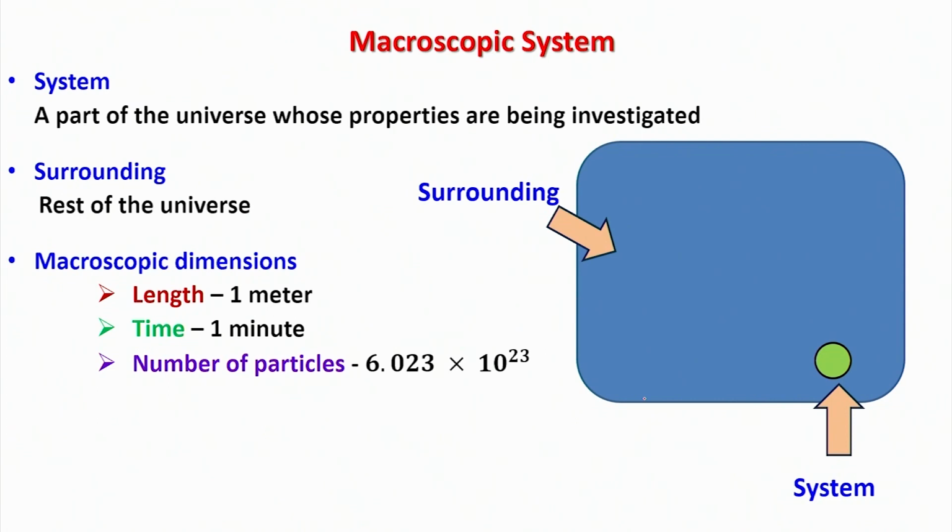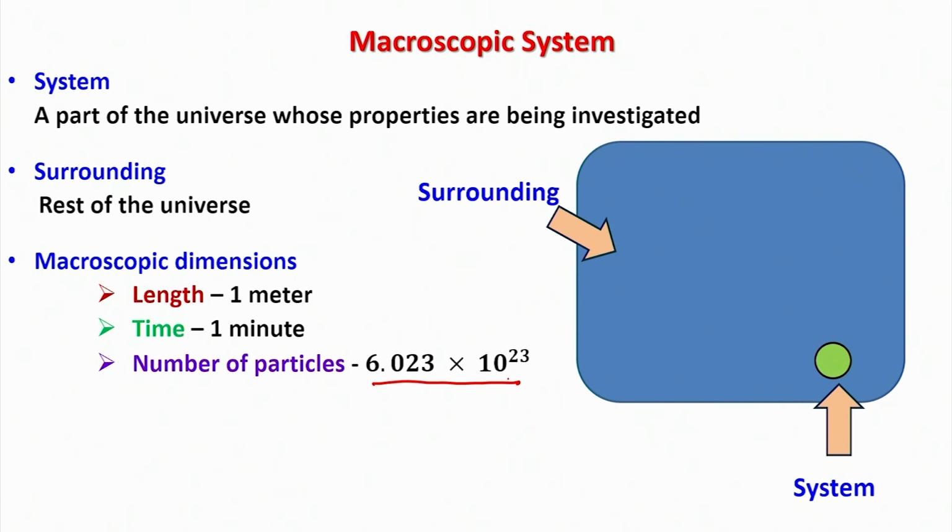typically the Avogadro number, which is 6.023 into 10 to the power 23. Now, as you understand, this is a very large number of particles.